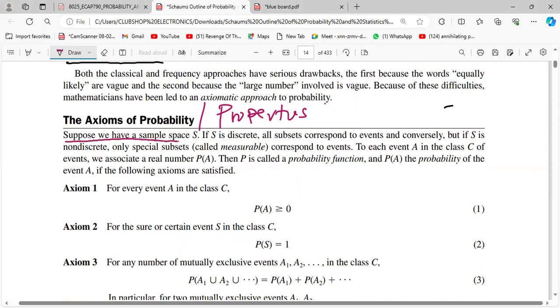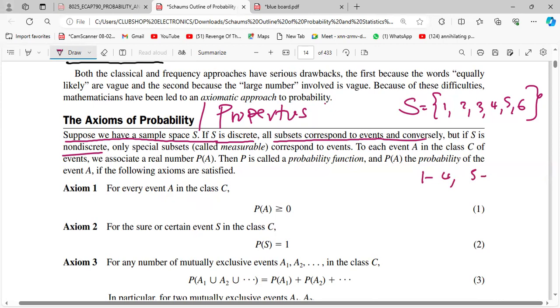Number one, suppose we have a sample space S. If S is discrete, meaning that it has elements like 1, 2, 3, 4, 5, all subsets correspond to events. But if S is non-discrete, meaning that it may take an interval, for example 1 to 5 to 7, then only special subsets called measurable sets correspond to events.